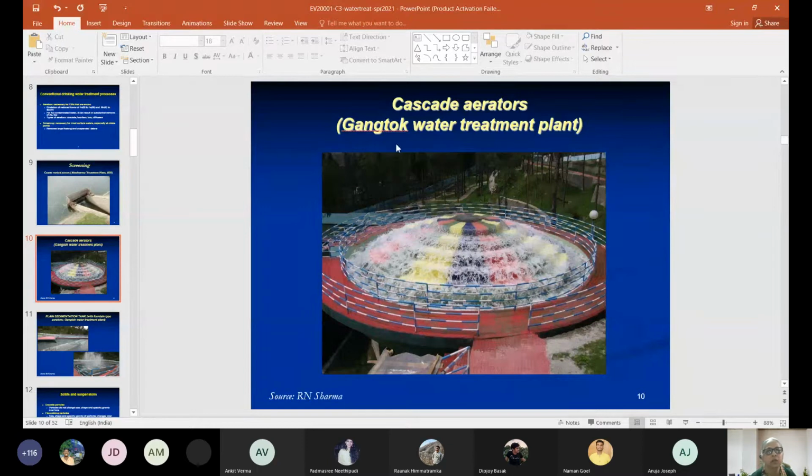And the steps are the ones that are called the cascade. The steps are nothing else but to increase the interfacial area of the water in contact with air. So the greater the surface area of water, the greater the contact with atmospheric oxygen. Remember, it's not at equilibrium, so the greater the surface area that you provide, the more oxygen from the air will enter water. So this is one method of doing that.